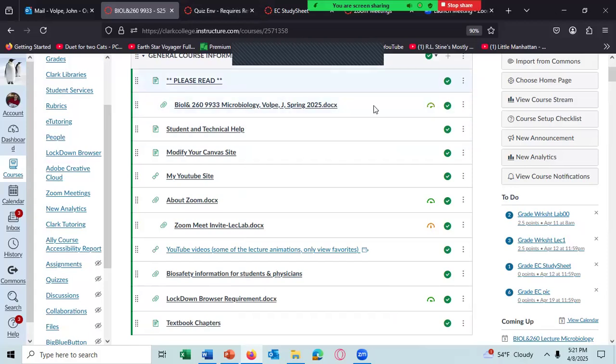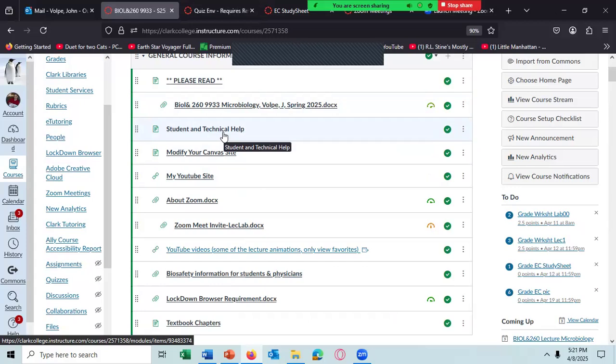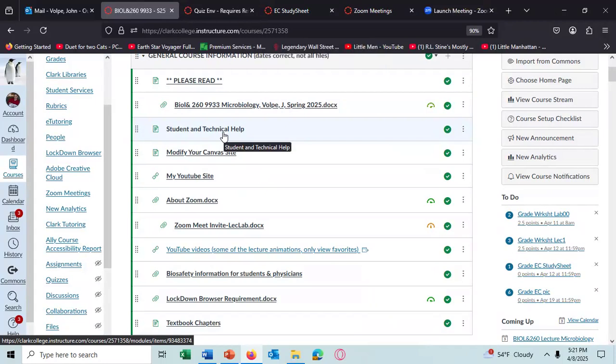Go to technical help and get help from the Clark ITS page, okay? Because I can't change the settings, and I don't know how to tell you to change the settings either.